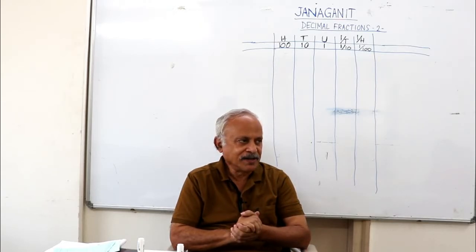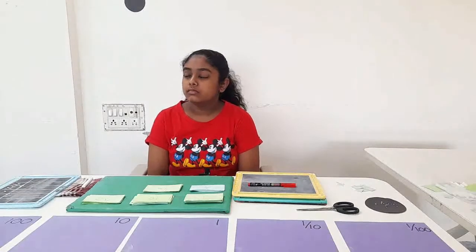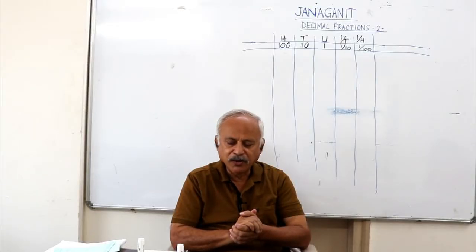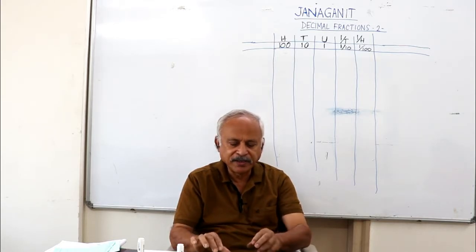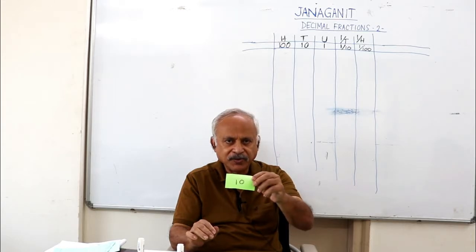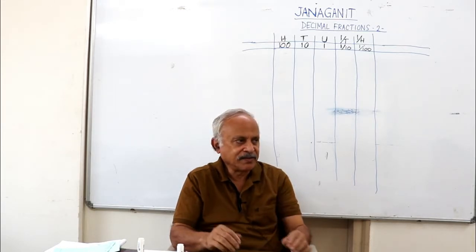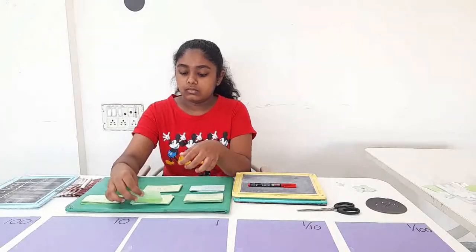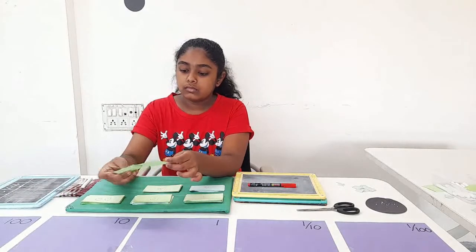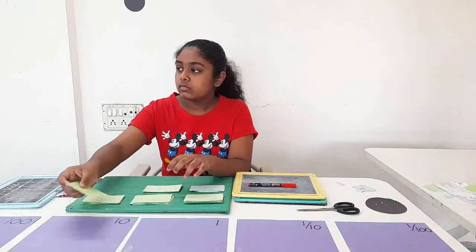So Jyoti, are we ready to start with some problems which will be revising place value? Okay. I want you to make the number 21 using these cards which you have made. So please make 21 and keep it on a slate.